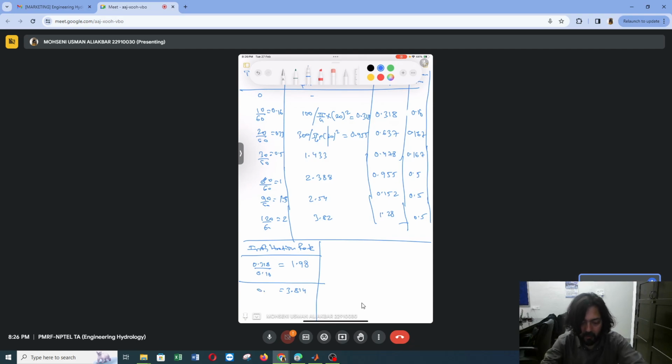In a similar manner you can calculate the infiltration rate for all the incremental depths. The next term is 0.478 divided by 0.167, that is 2.862. The next term is 0.955 divided by 0.5, which is 1.91. Then 0.152 divided by 0.5, which is 0.30, and the last term is 1.28 divided by 0.5.